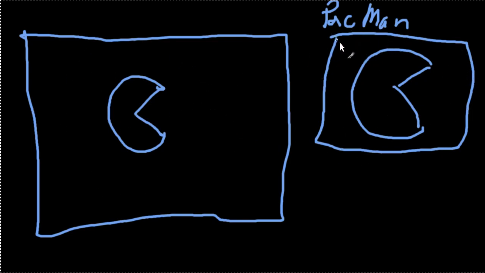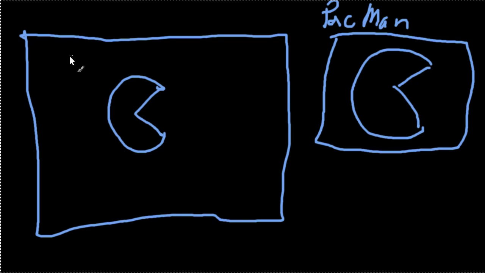But as you can see, this surface is smaller than this surface. So what you can do is you can specify what the region is that you're going to blit, and you use a rectangle to specify that region.